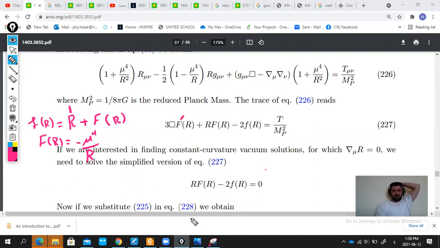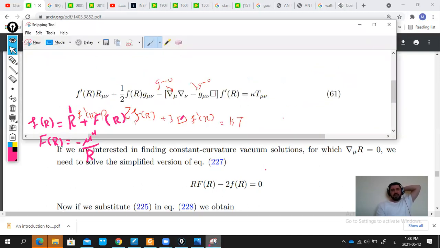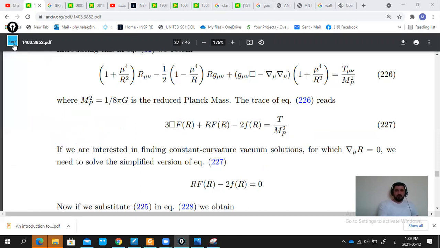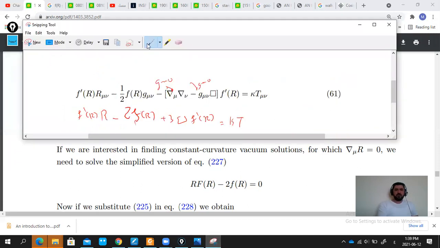Why? Because from this equation we have f prime R_mu nu, so that will be R. Let me rewrite it again.